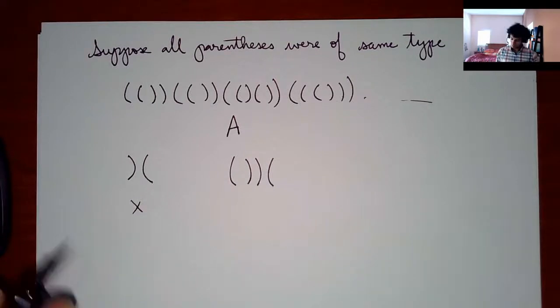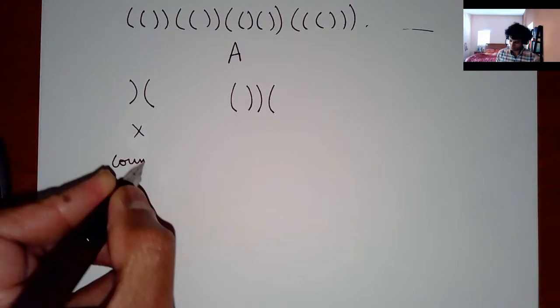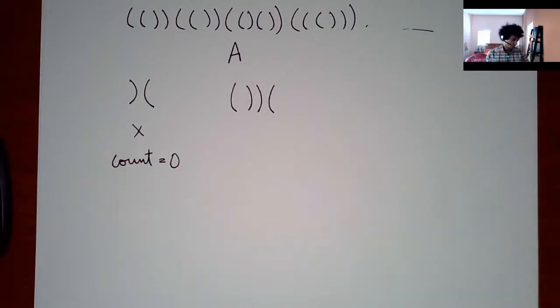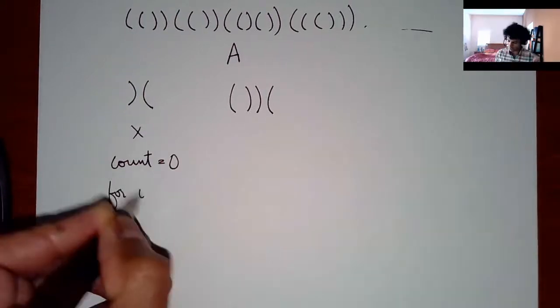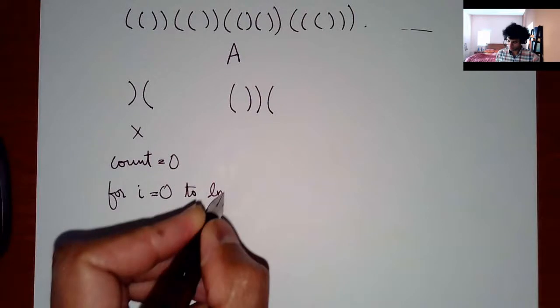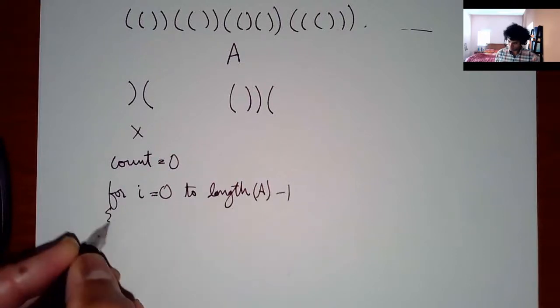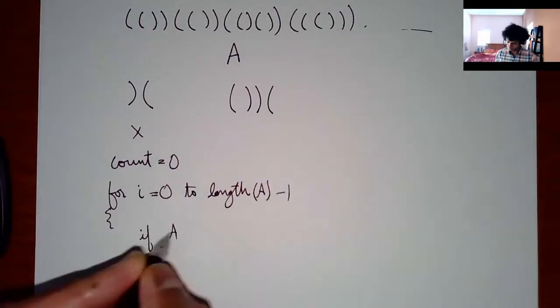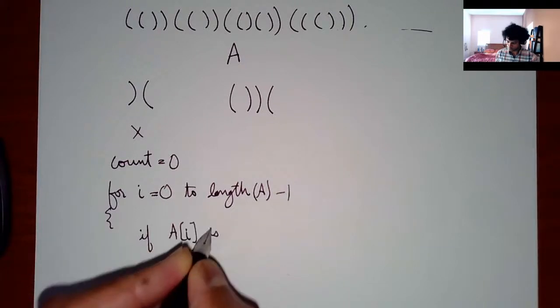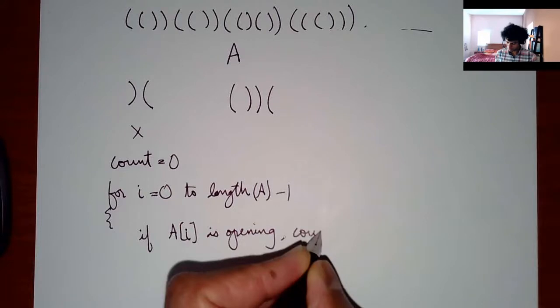Let me write out the pseudocode. You maintain a counter that starts at 0. I'll use almost a Python type syntax: for i from 0 to the length of A minus 1. If A of i is opening, count plus plus.